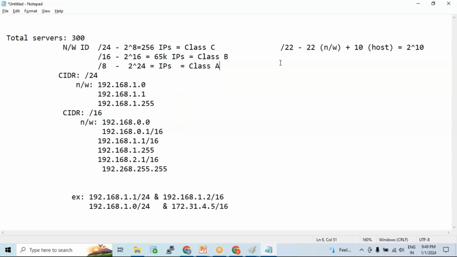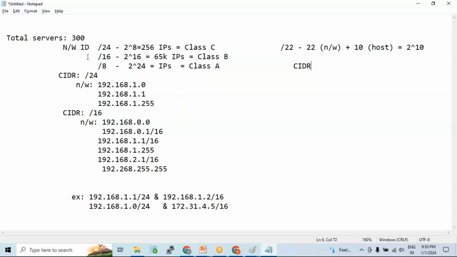That's why this notation is called a CIDR notation. CIDR stands for classless interdomain routing. It is the notation that represents how your IP address is divided into the network and the host part.